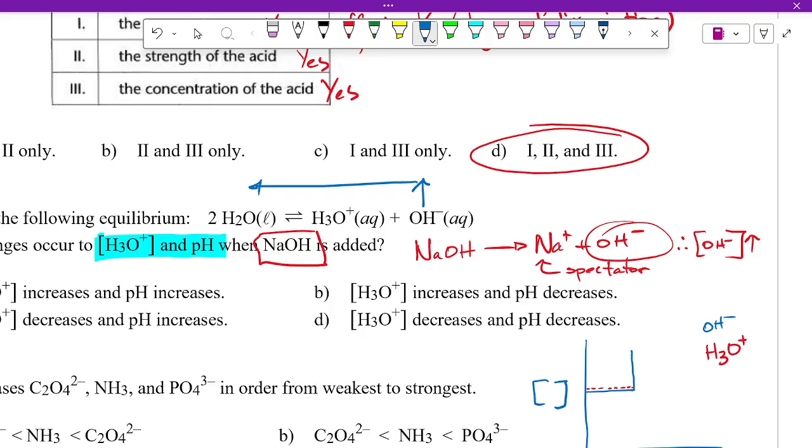And then as we shift to the left, the hydroxide ion concentration is going to go down. It never gets quite to where it was. And the hydronium ion concentration is also going to go down. So H3O plus decreases, therefore pH increases.